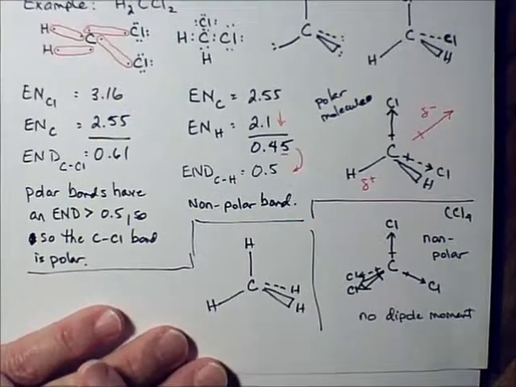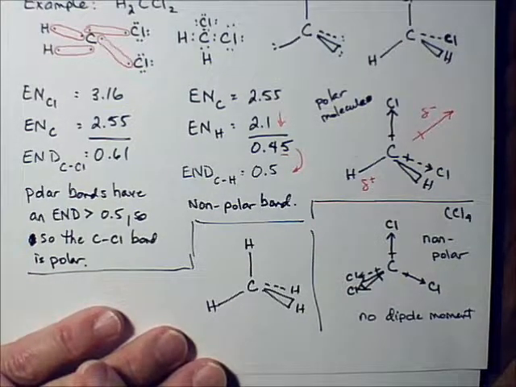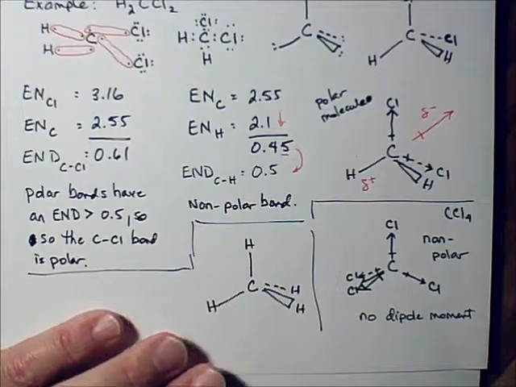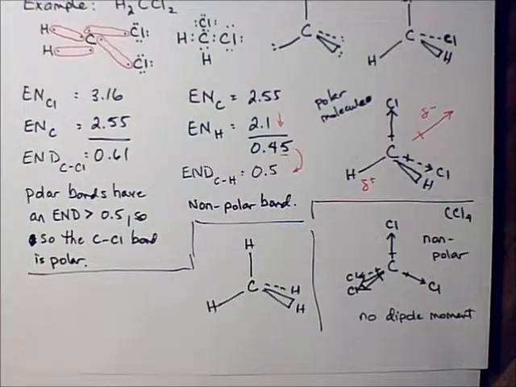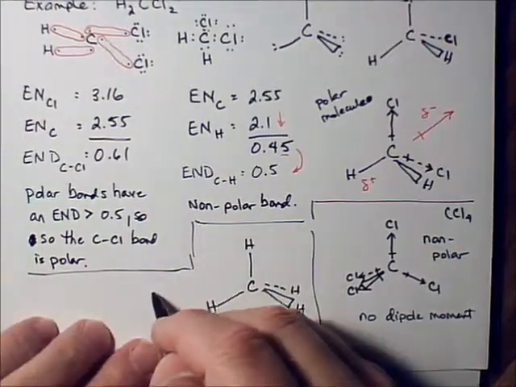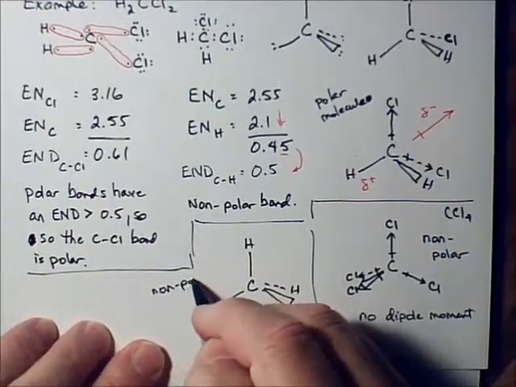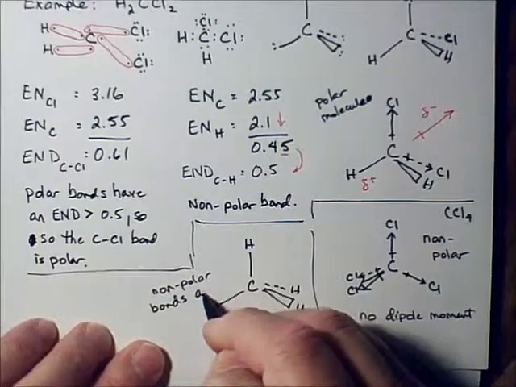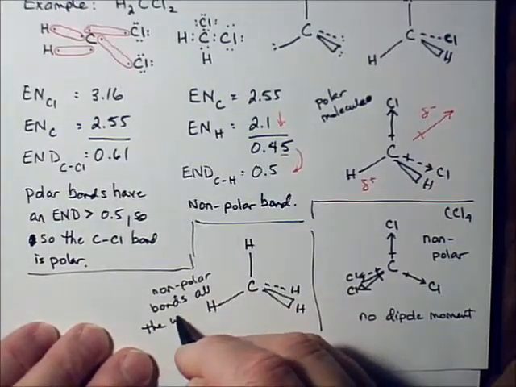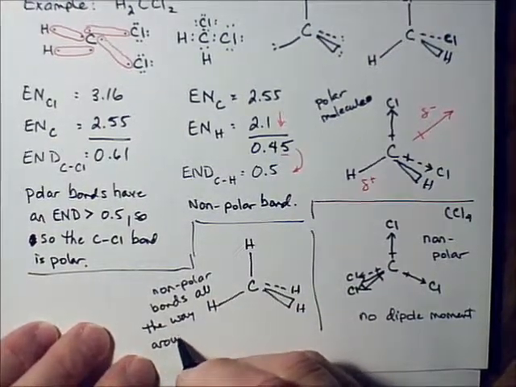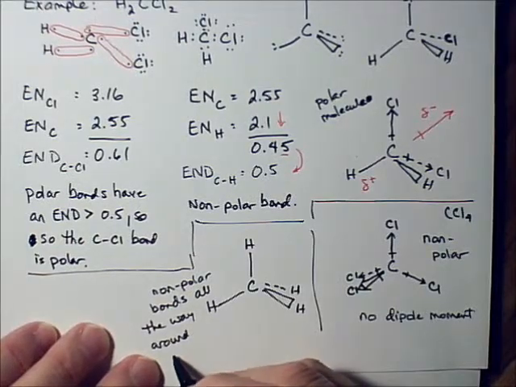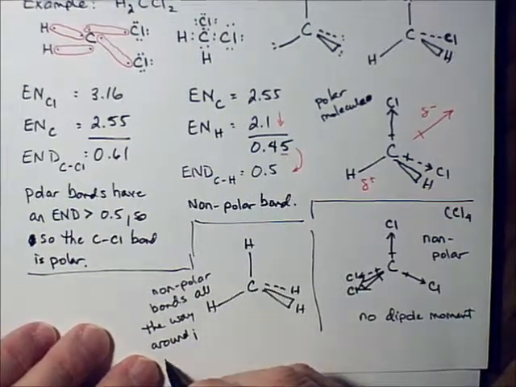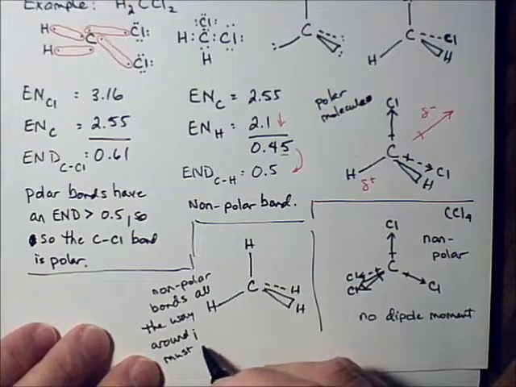Since there's no polar bonds, this is a non-polar molecule too. But for a different reason. Well, actually it's the same reason, but it's got an extra reason for being non-polar here. Non-polar bonds all the way around. That means that must be a non-polar molecule.